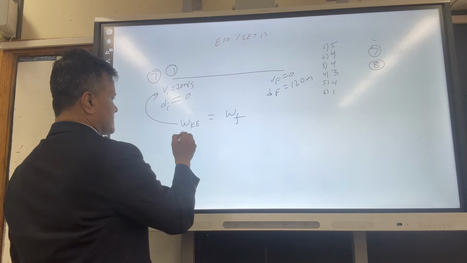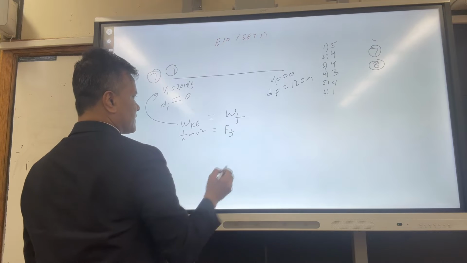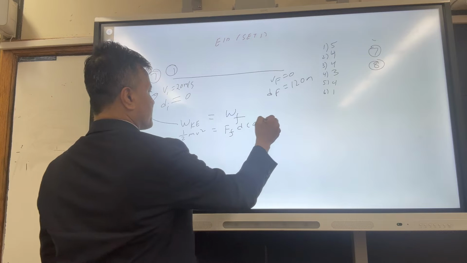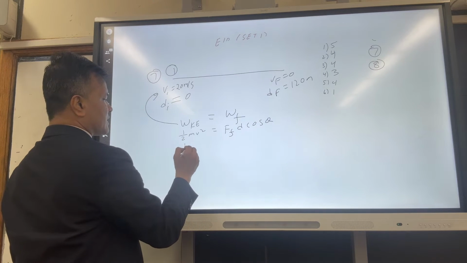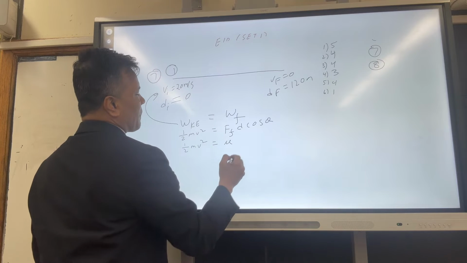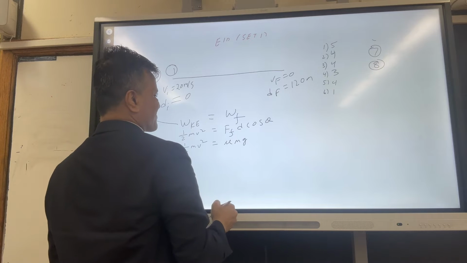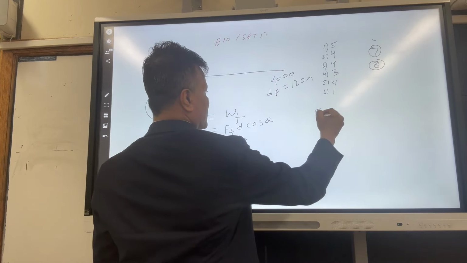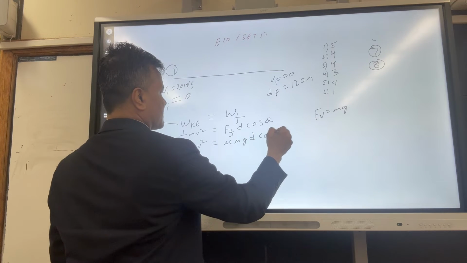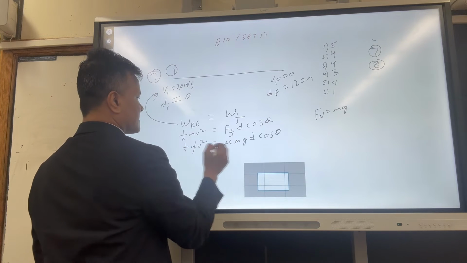So the kinetic energy, half m v squared, is equal to the work done by friction, Ff d cosine theta. Ff is mu m g, because Fn is equal to mg in the y direction. The m's cancel.